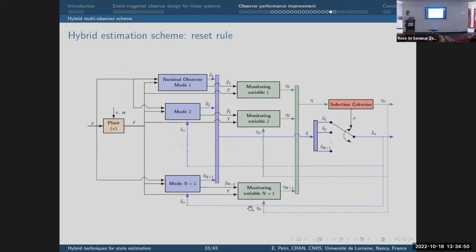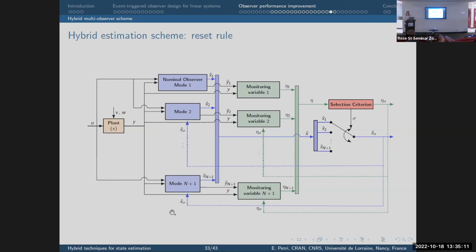And this is the final block diagram that we obtain. So to recall, we have a system where we want to estimate the state, and we have a nominal observer that we know is converging, but it does not have really good performance. To improve this performance, we add n additional dynamical systems in parallel to the nominal one.